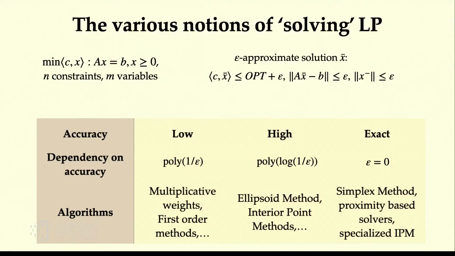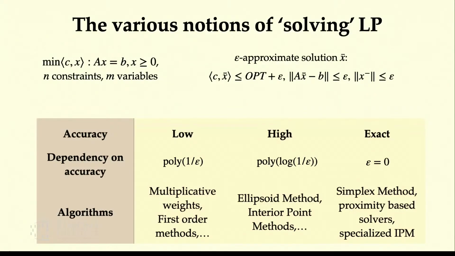Then since the 70s and early 80s, we have high accuracy methods. These are methods that only depend polynomially on the logarithm of my error. These are ellipsoid methods and interior point methods. And if you want to solve an LP exactly, so you don't allow any error, then usually, unless you are in the bit complexity model, you would go to the simplex method, which doesn't have any running time guarantee, and then there are specialized interior point methods and proximity-based solvers.